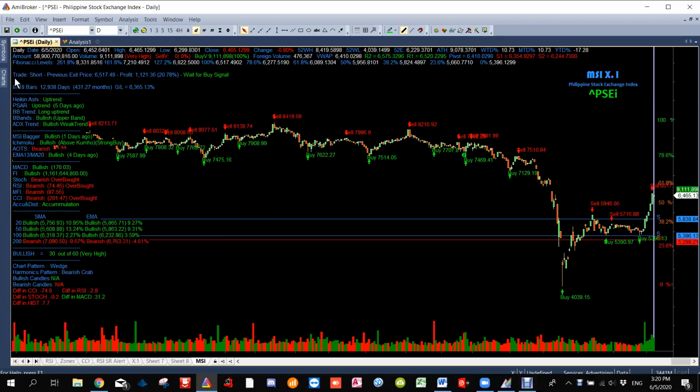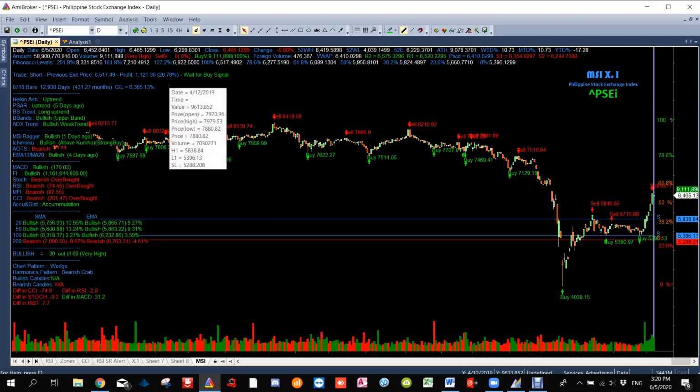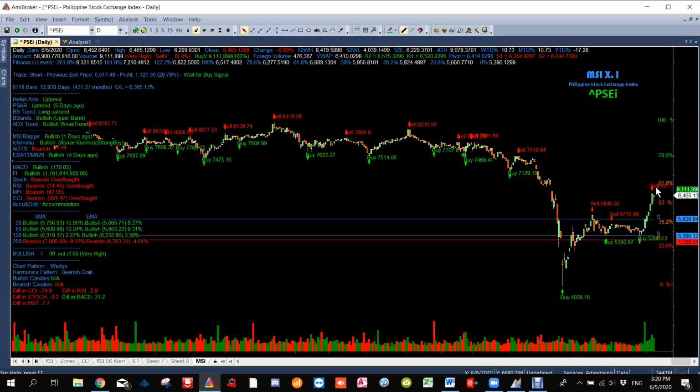Okay, so here, ito naman yung analysis na to, it gives you a price where you are supposed to buy the stock. Ito yung ideal buy price niya. Okay? So ito yun, yung mga buy signals dito. Okay? So dito kasi nakita natin meron siyang sell signal at this area.